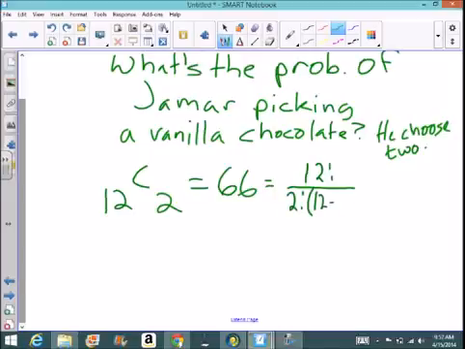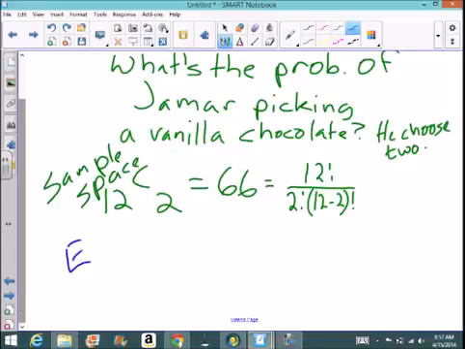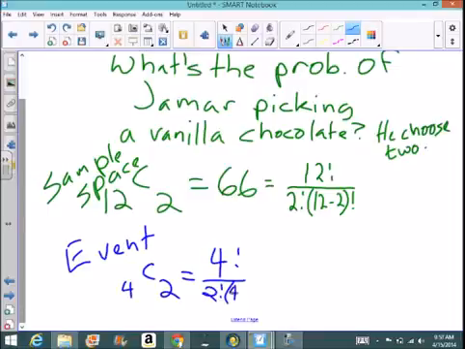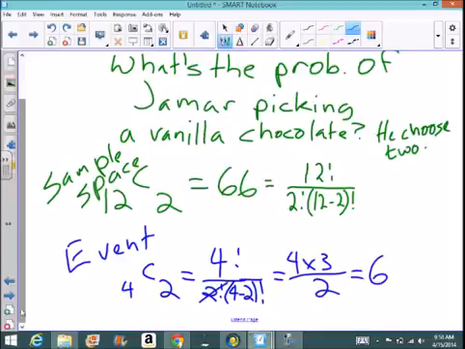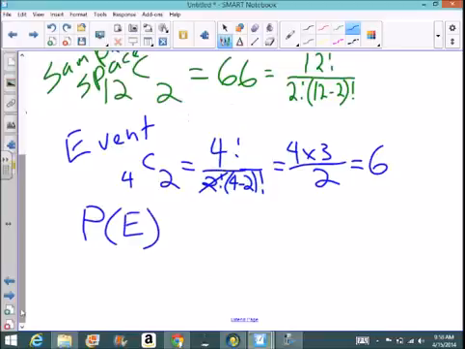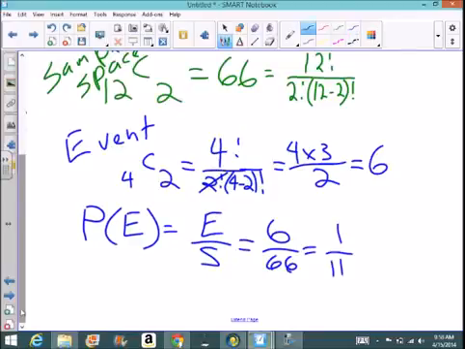And so remember that we're going to have 4 vanillas and we're going to choose 2 of them. So once I've calculated the sample space, the next thing I need to do is calculate the total outcomes of the event occurring, which will be 4 choose 2, which is 4 factorial over 2 factorial times the quantity 4 minus 2 factorial, which is 6. So the probability of this event occurring is 6 over 66, or 1 over 11.